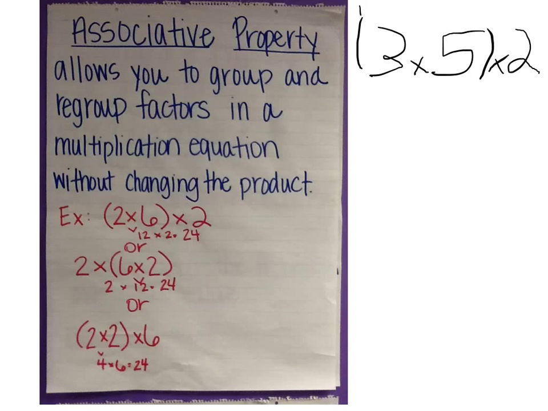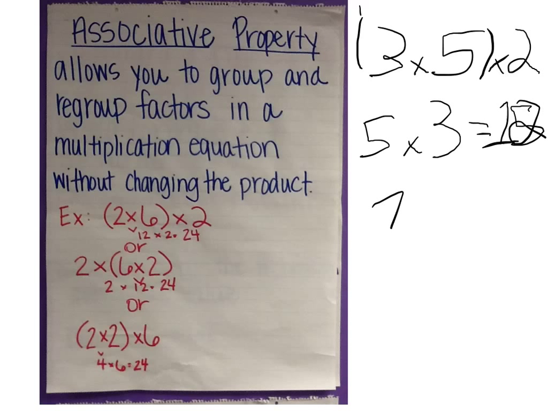So we may do 5 times 3, and we know that we can always count by 5. So 5, 10, 15. That would equal 15. Now we need to do that 2 more times.